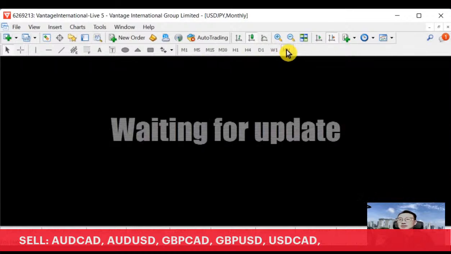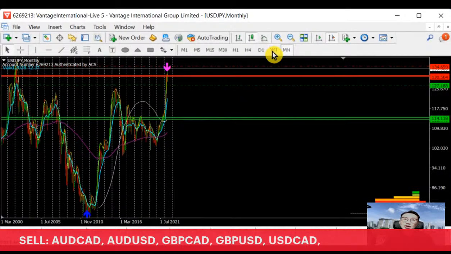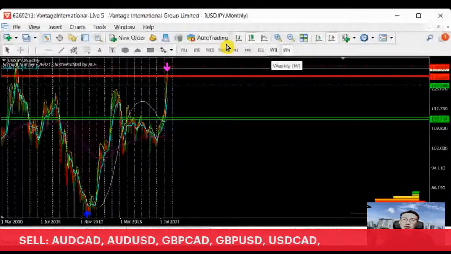Wow, dollar yen looks like it has come to the 2021 peak.